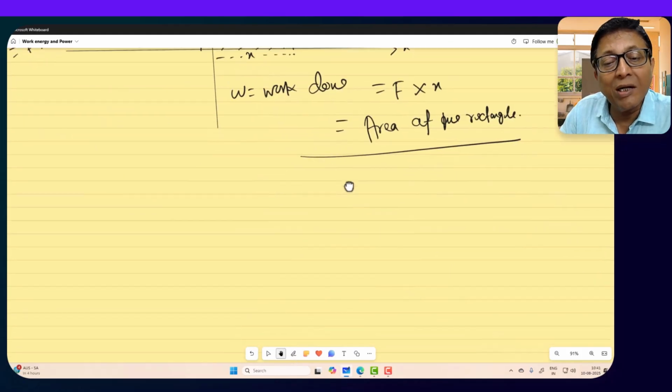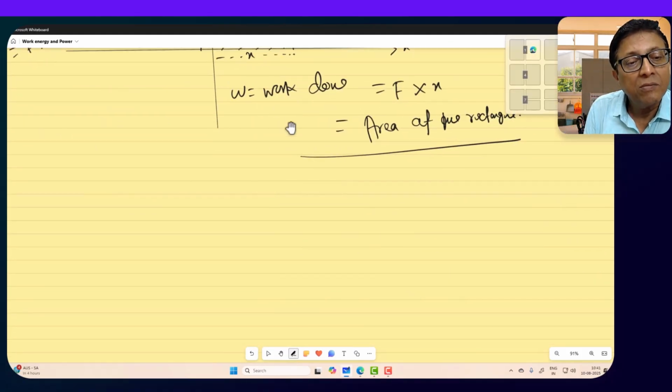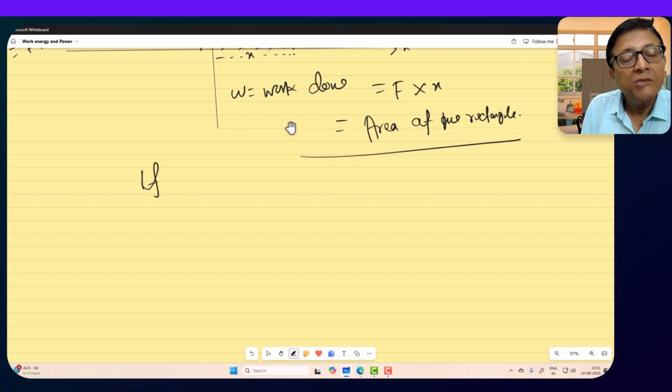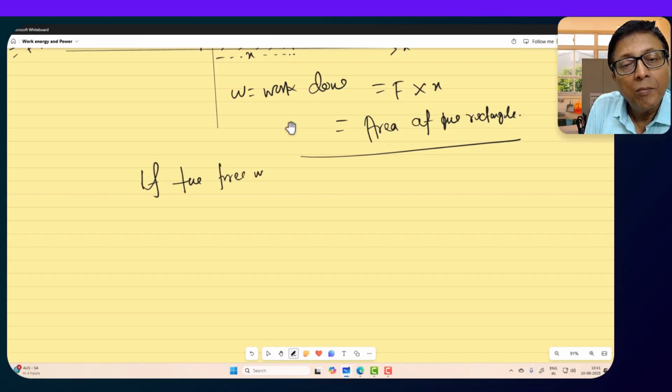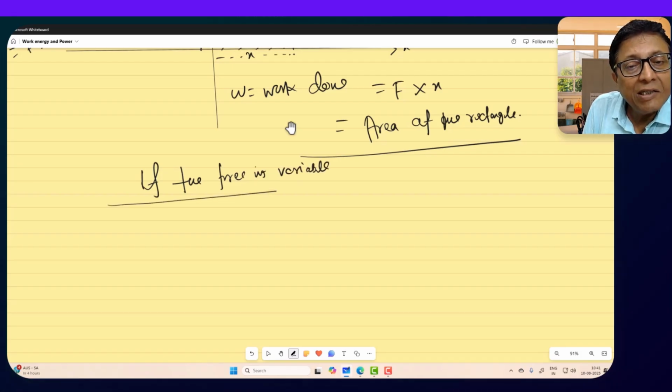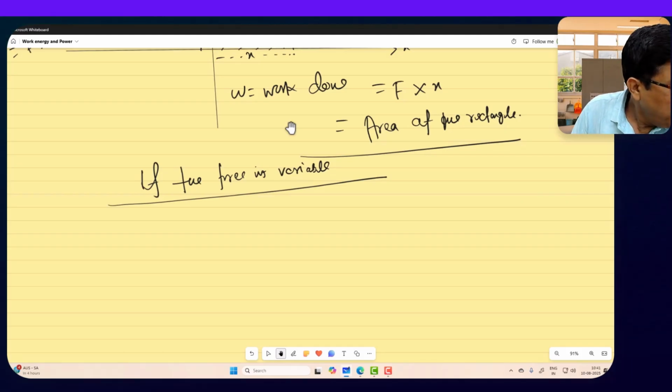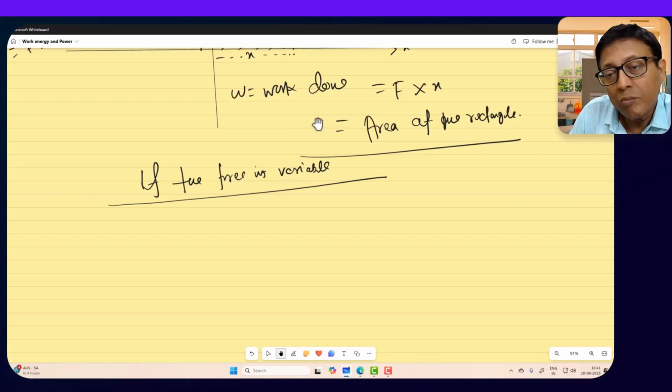If it is one dimensional variable force, if the force is variable, it is changing, it will not remain the same.